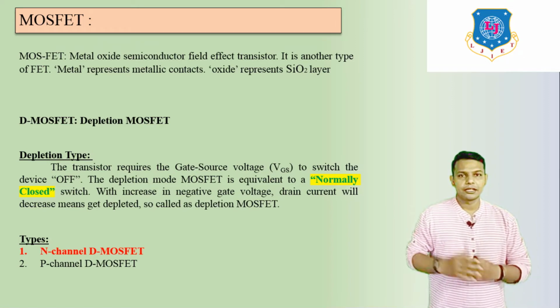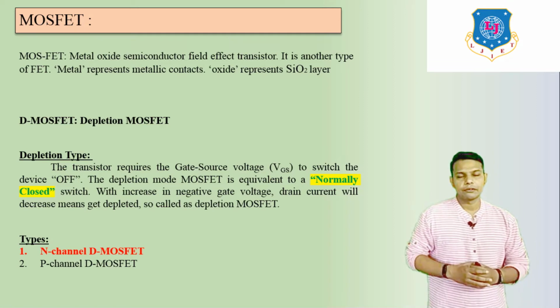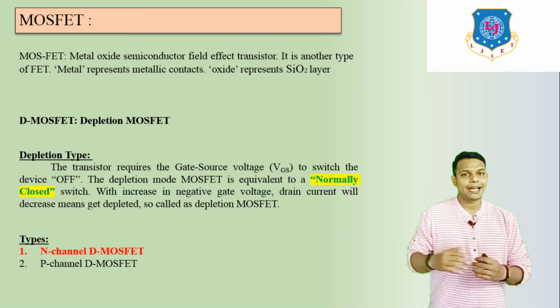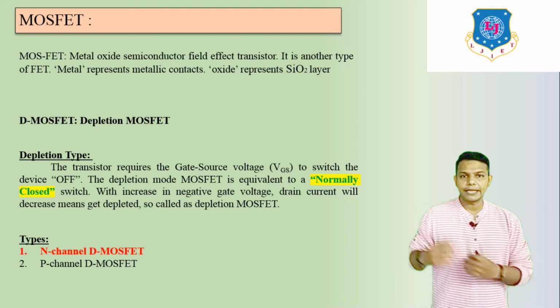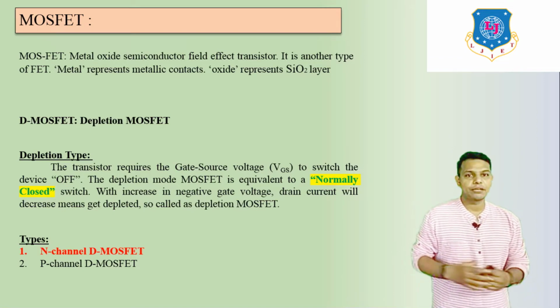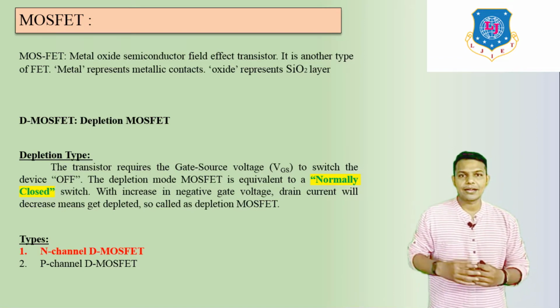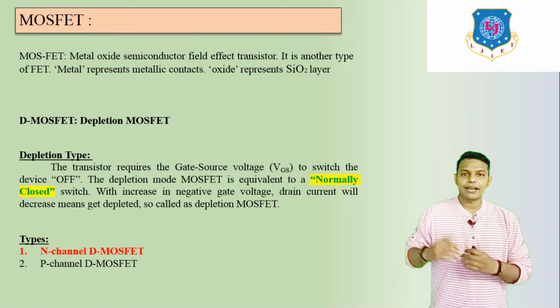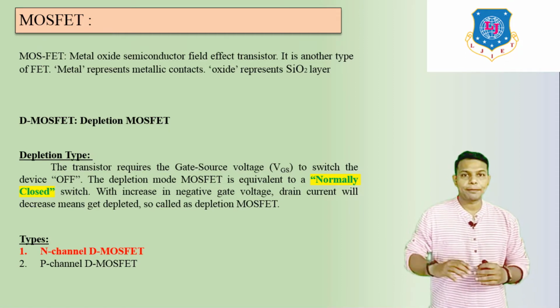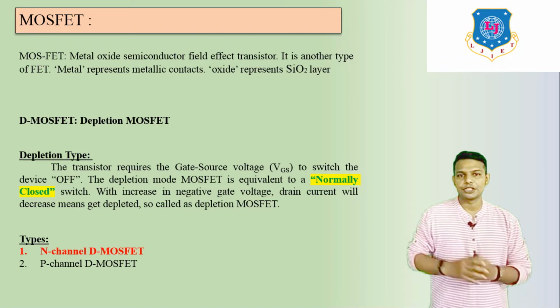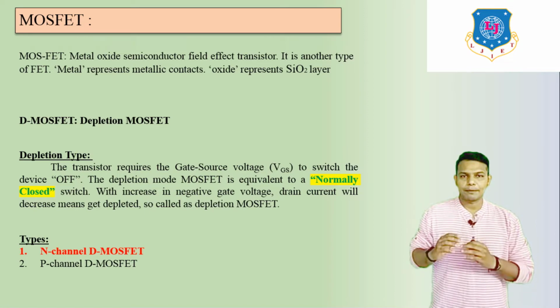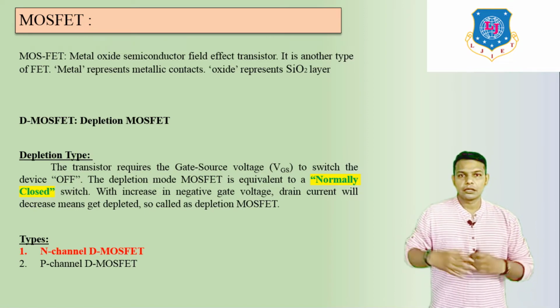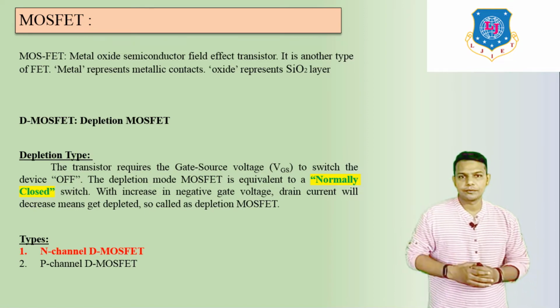Oxide represents the SiO2 layer, which means silicon dioxide layer. In the D-MOSFET, that means depletion MOSFET, the transistor requires gate to source voltage to switch the device off. The depletion mode MOSFET is equivalent to a closed switch, that means it is also known as a normally closed switch.